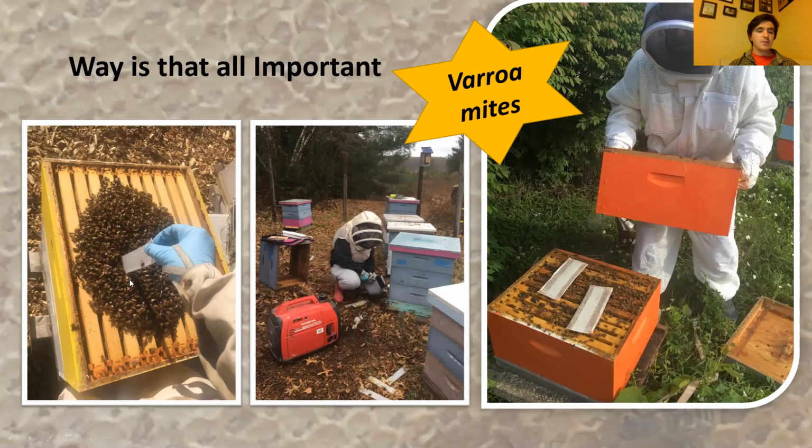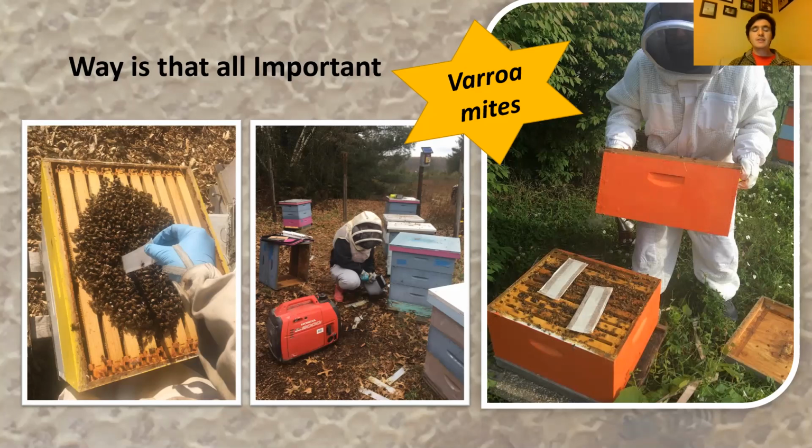So what you see here on the left is me putting in Apivar. It's a strip of plastic that has a chemical that is slowly released over 50 days. As the bees walk over it, the mites die. A varroa mite is kind of like a deer tick-like pest to the honeybee.